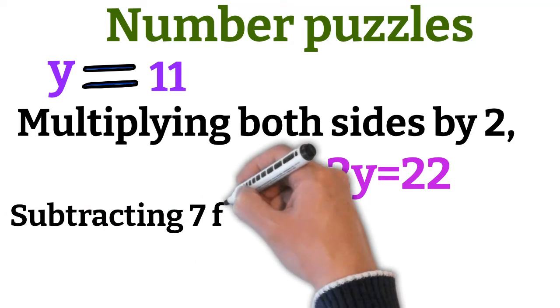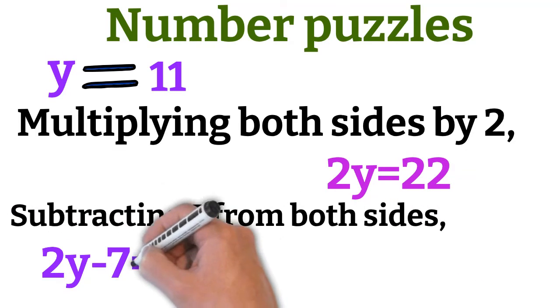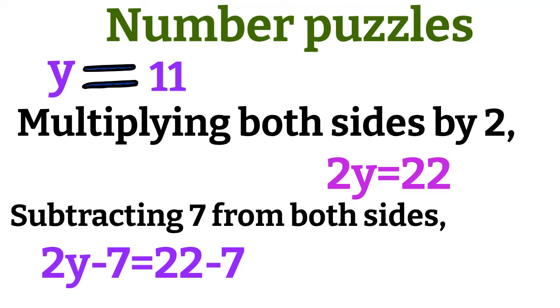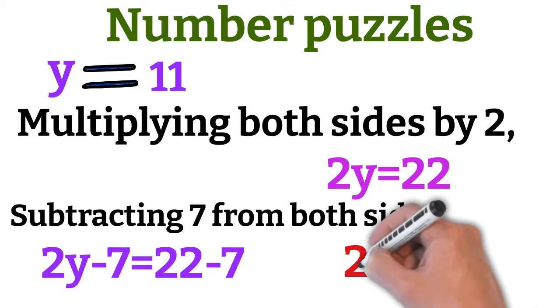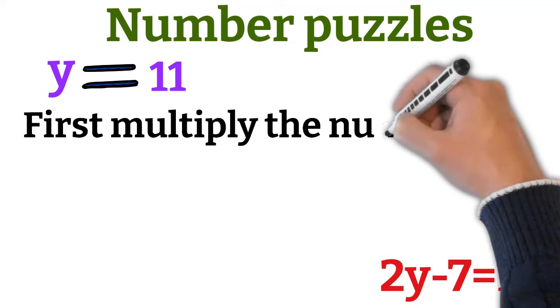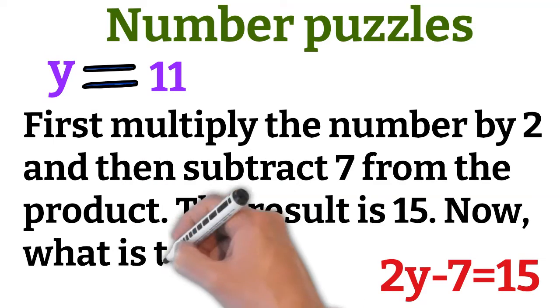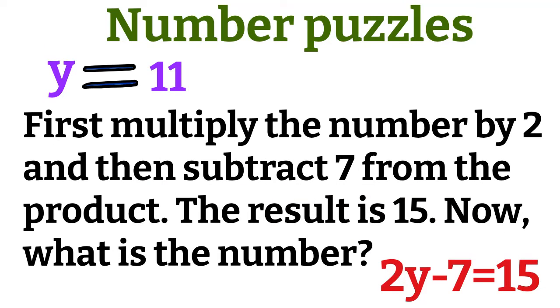Now subtracting 7 from both sides, 2y - 7 = 22 - 7, or 2y - 7 = 15. Thus, the number puzzle is: first multiply the number by 2 and then subtract 7 from the product. The result is 15. Now, what is the number?